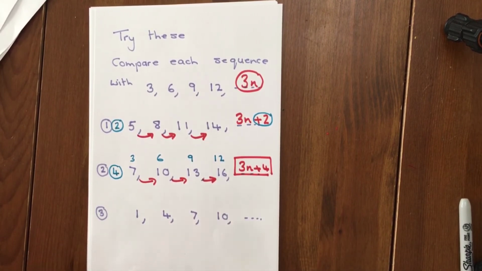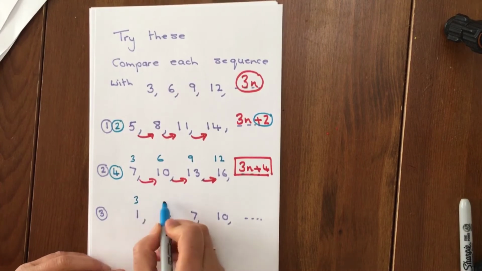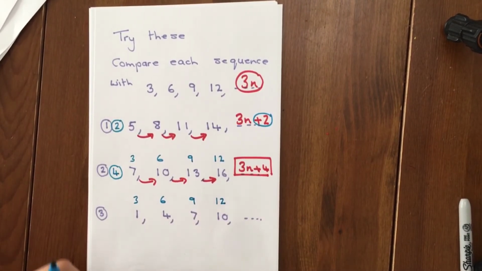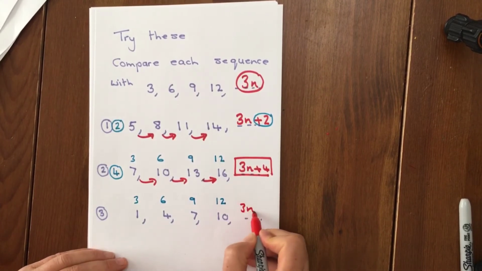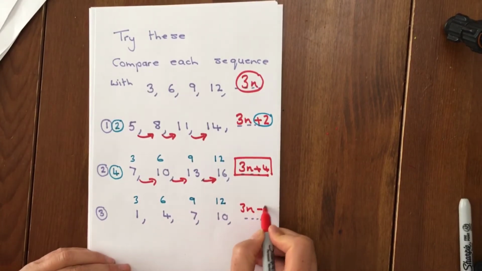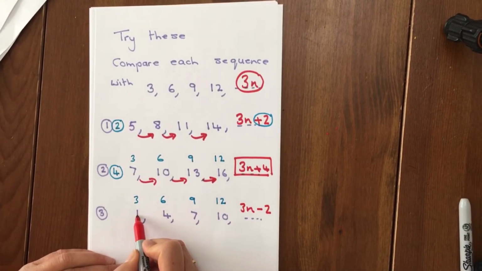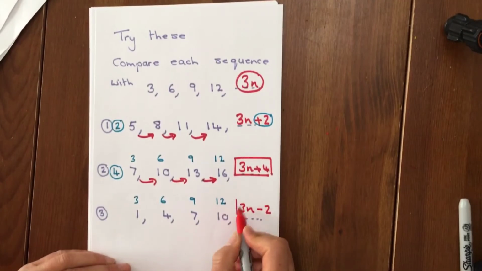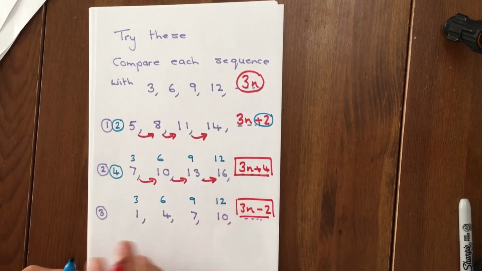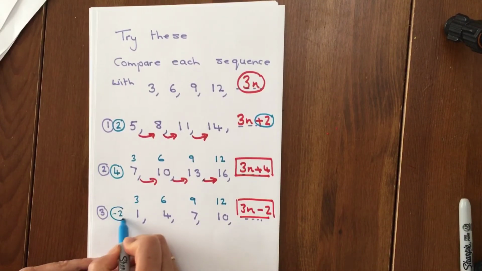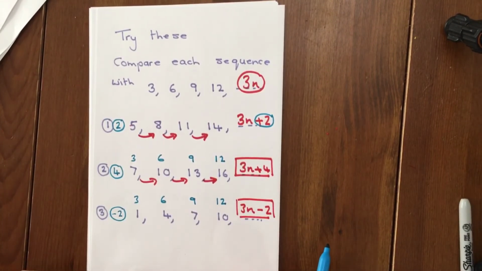Okay, last one is going up 3 each time. So I'm going to compare it to my 3n term. So it's got something to do with 3n. In each case, I am subtracting 2. 3 take away 2 is 1, 6 take away 2 is 4, etc. And also I can just go back 3 and I can see that it's minus 2.